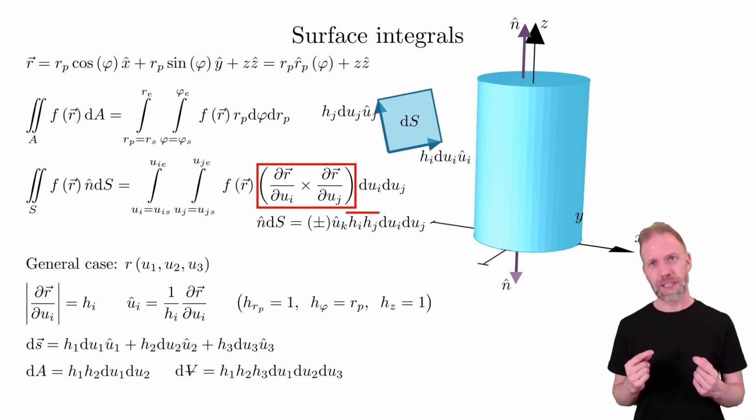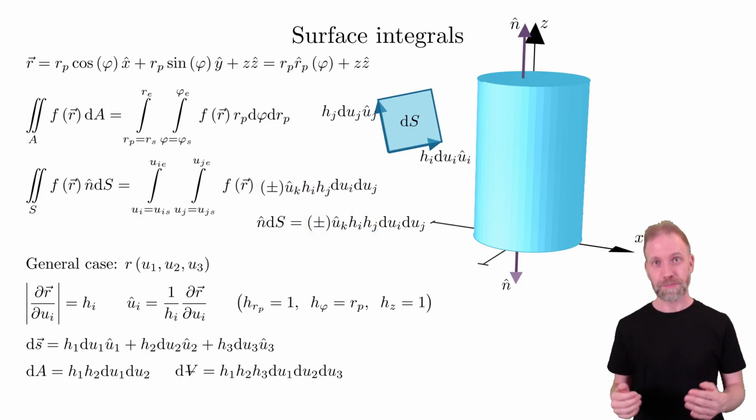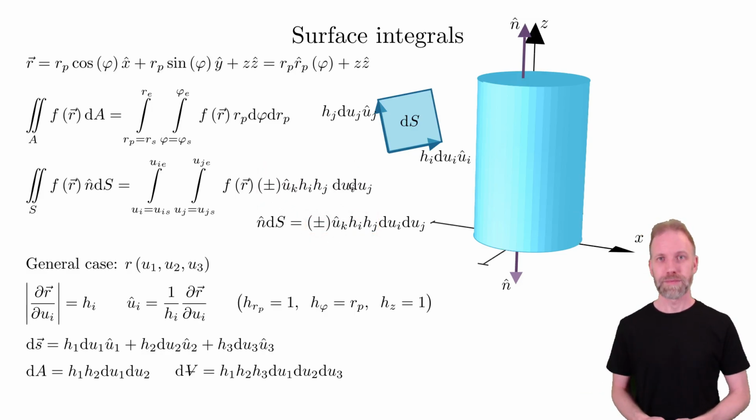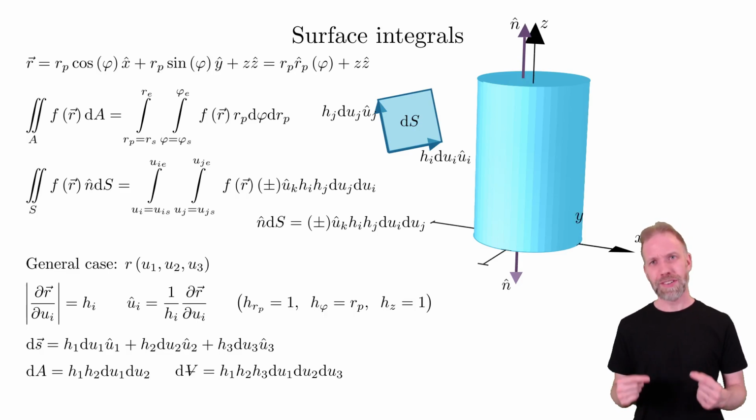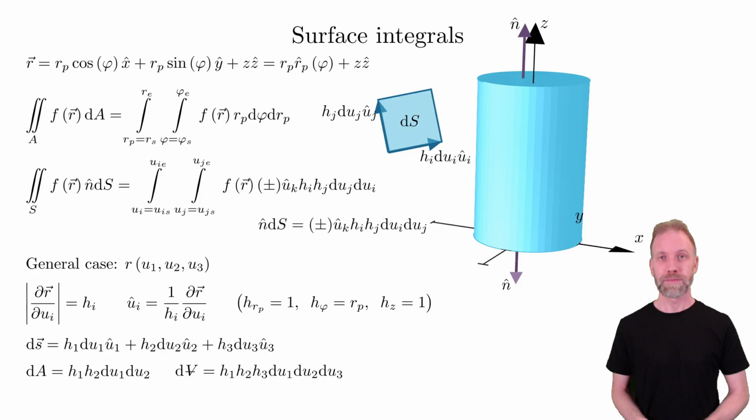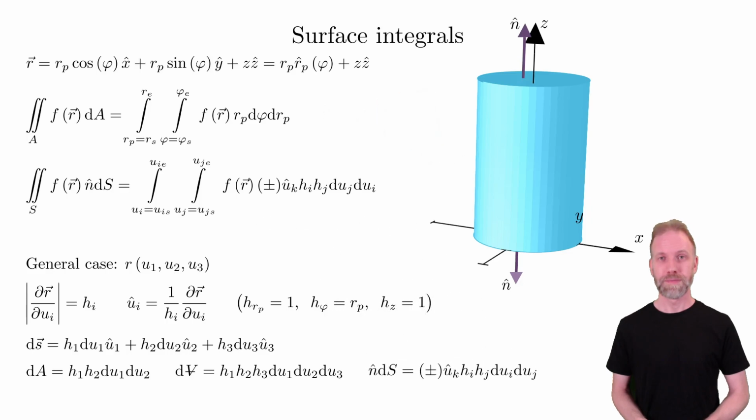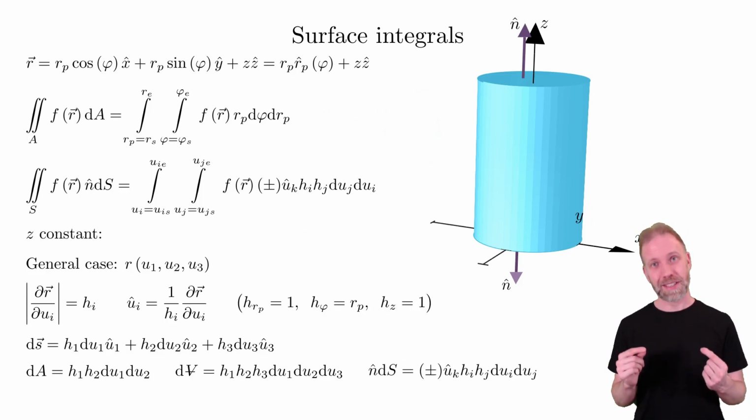For orthogonal systems, let us replace the cross product with our new simpler expression. For cylindrical coordinates, there will be 3 different cases depending on which of the 3 coordinates we keep constant. Start by setting z constant, which will be the end surfaces of the cylinder.